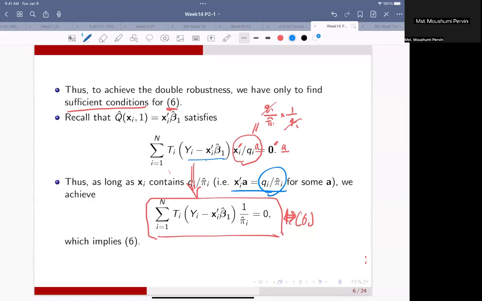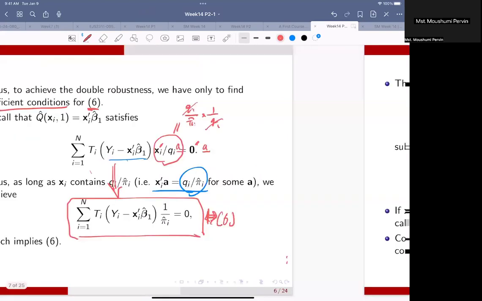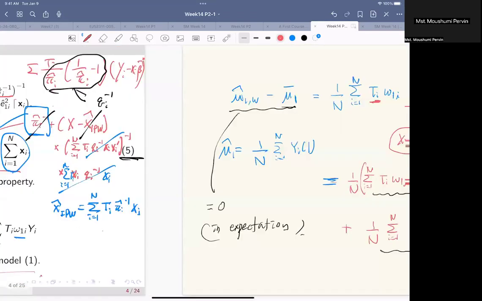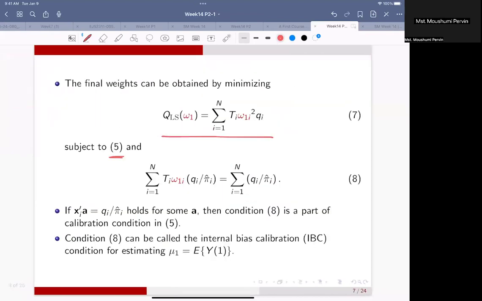So that gives us this optimization problem to consider. This is actually the same constraint that we consider to obtain weighted least squares, in addition to the original calibration condition, which is 5, right? This is the original calibration covariate balancing condition, plus this, because this is a part of x.